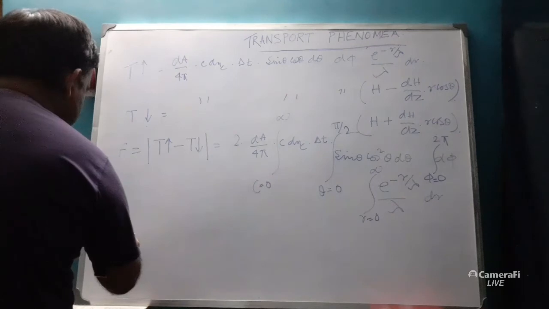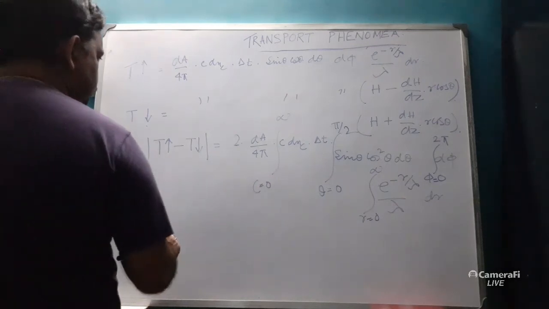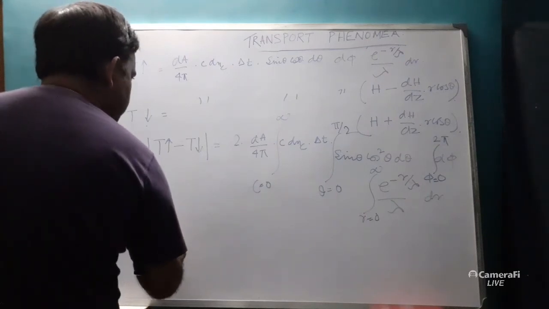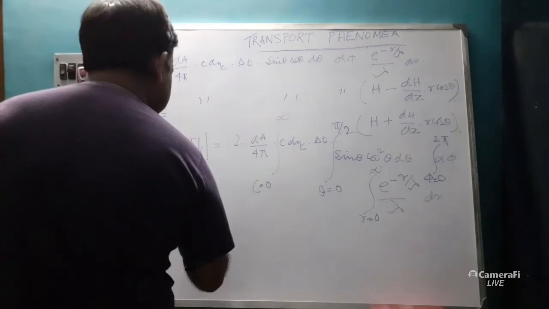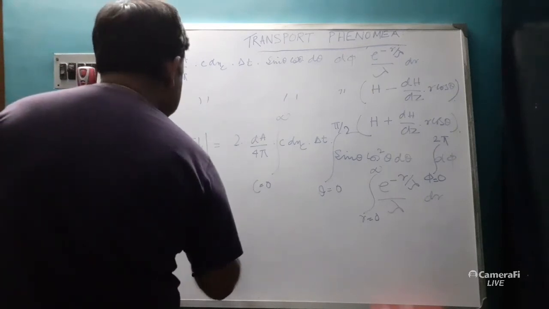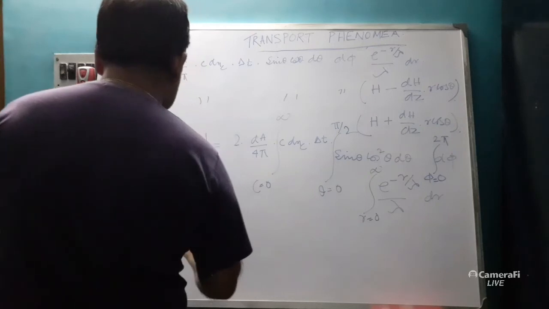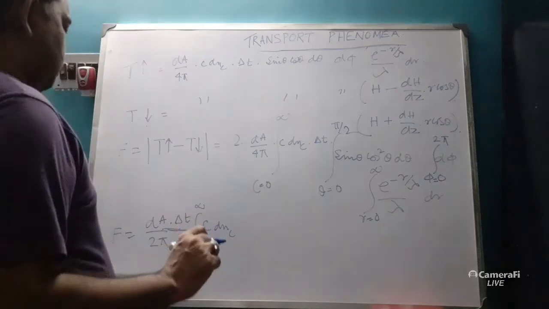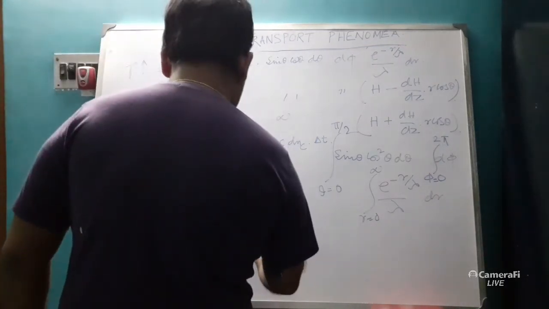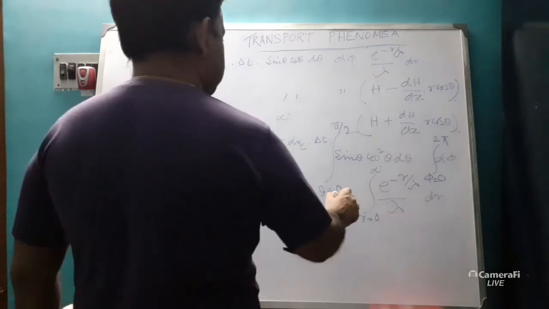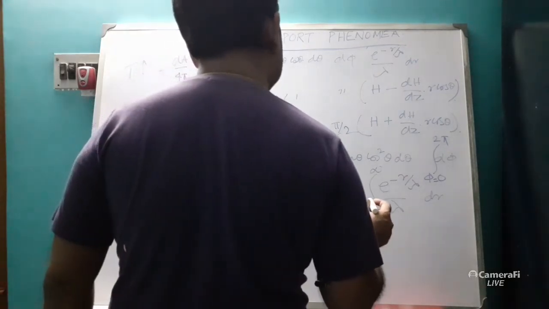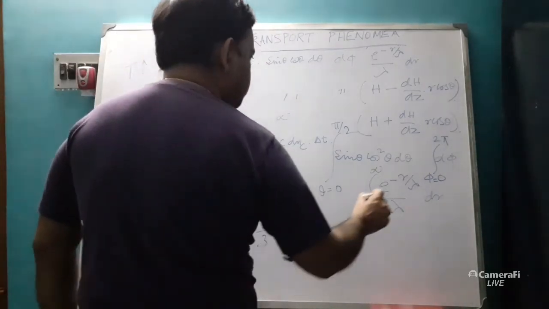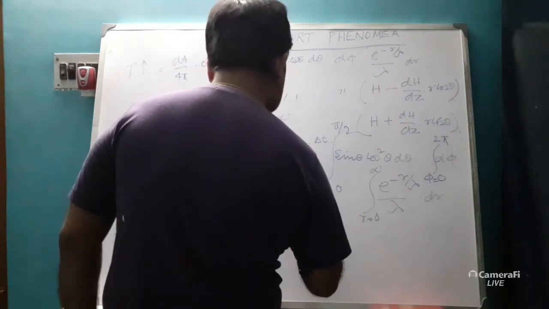So F can be written as F is equal to dA by 2 pi, this remains 0 to infinity c dNc, and here you can put del T also. And 0 to pi by 2 sin theta cos square theta d theta turns out to be 1 by 3, and 0 to 2 pi is 2 pi.